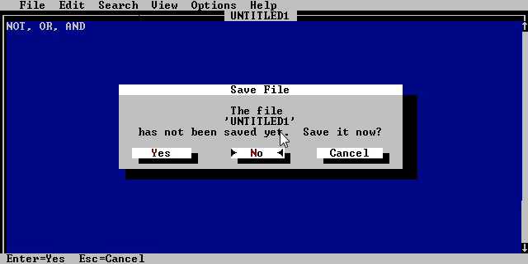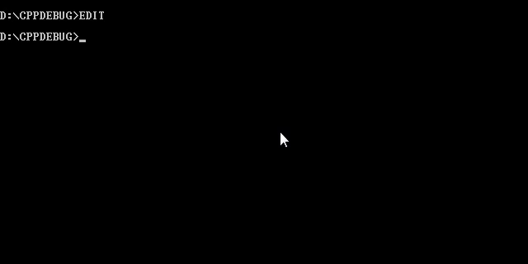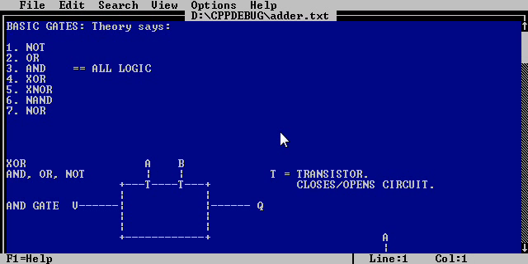Alright. So, this was what I was getting at. Here's the usual set of 7 logical operations that are given.